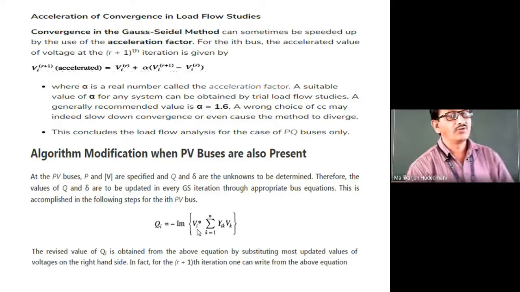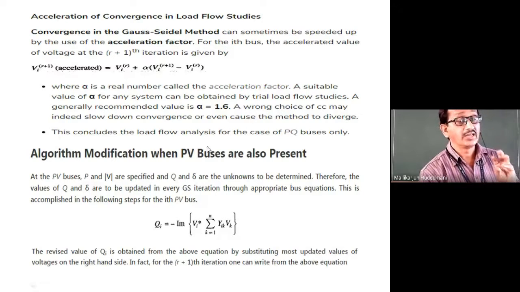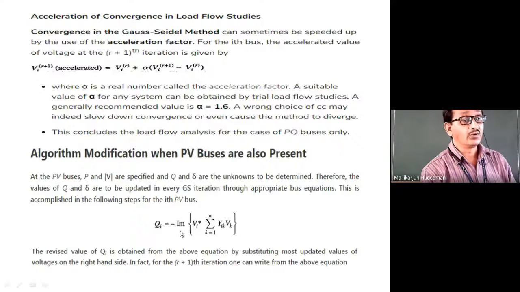For that, the complex power at any bus i, Si, has two terms. The first is active power, the second is reactive power. The reactive power term is taken as the negative of the imaginary part of Si, which is Vi conjugate times current.